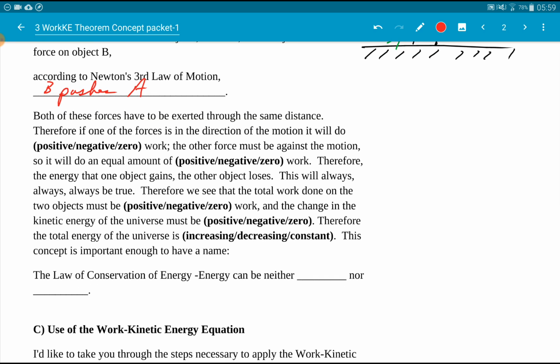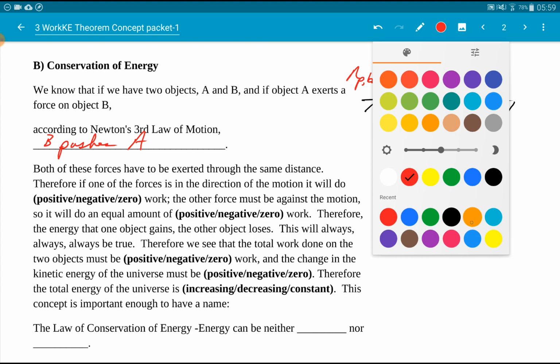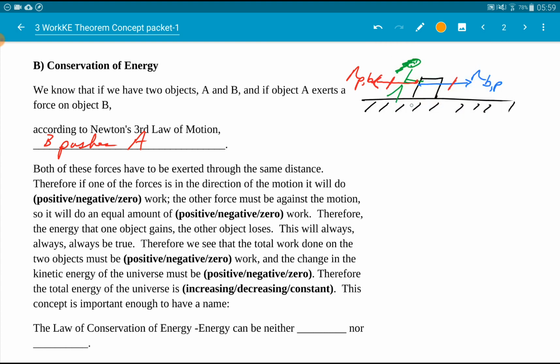All right, so then both of these forces have to be exerted through the same distance as well, right? Let's make sure that makes sense. If I started here and ended up pushing that box there, I'd be pushing that box through some displacement like that. Well, the whole time that I'm pushing it, is the box pushing me? Can you feel that the box would be pushing you the entire time?